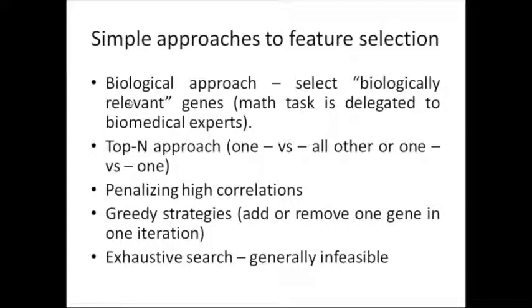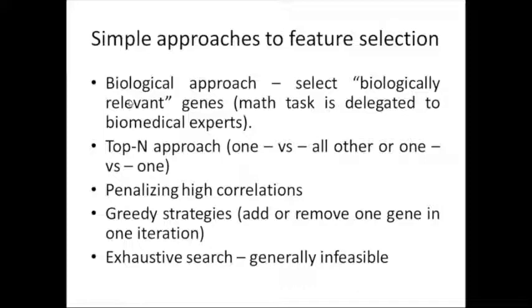The next approach is purely mathematical. It's the simplest mathematical approach, called top-N approach. We perform standard differential expression analysis in case of two classes and simply select the top-N differentially expressed genes.